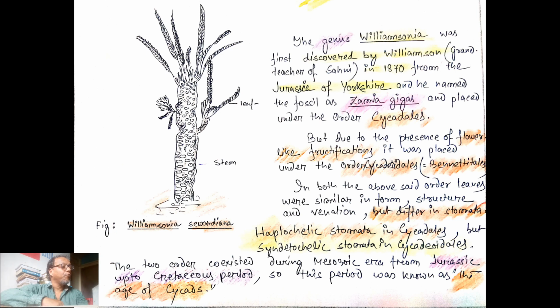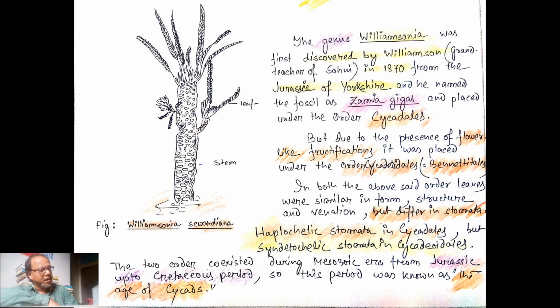It means that Williamson placed it under Cycadales, but it was later transferred to the order Cycadeoidales due to the presence of flower-like fructifications. In both of the above said orders, the leaves were similar in form, similar in structure, and similar in venation, but there is a difference.